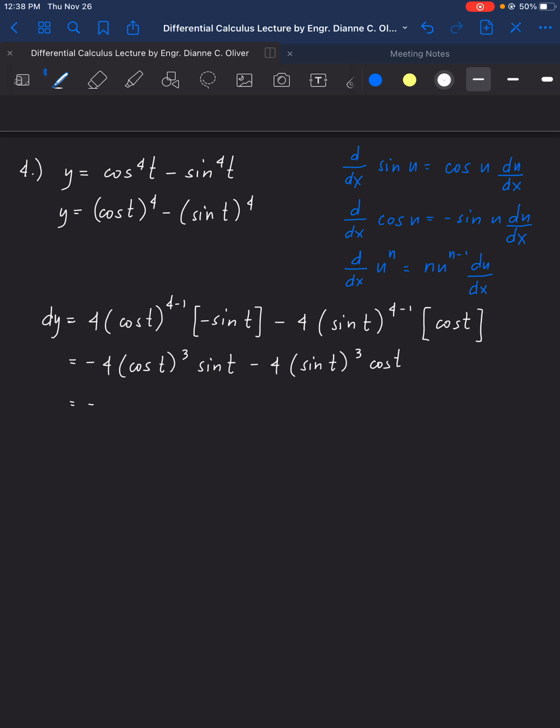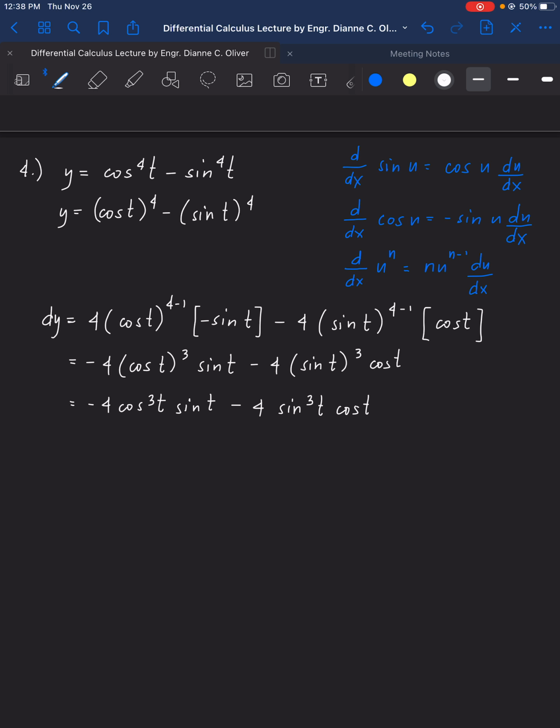Or that is negative 4 cosine 3t sine t minus 4 sine 3t cosine t.